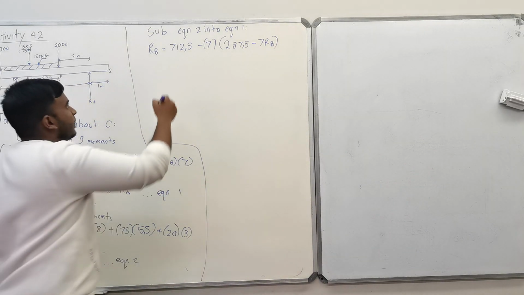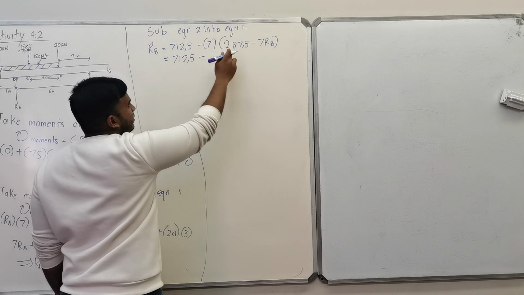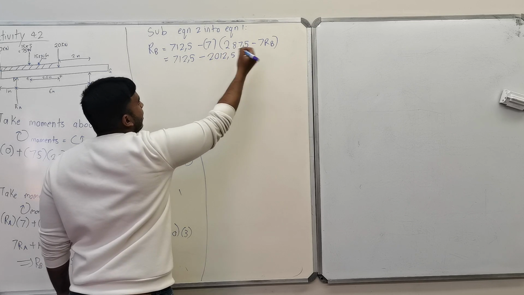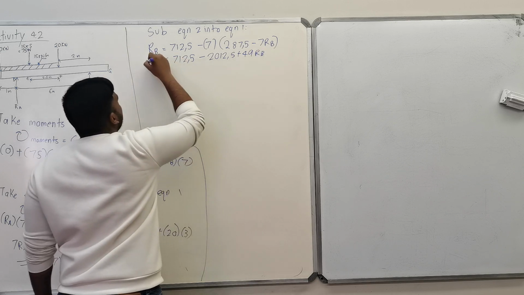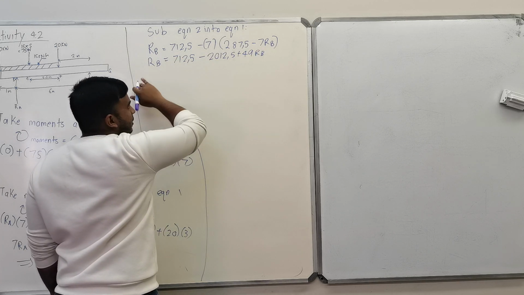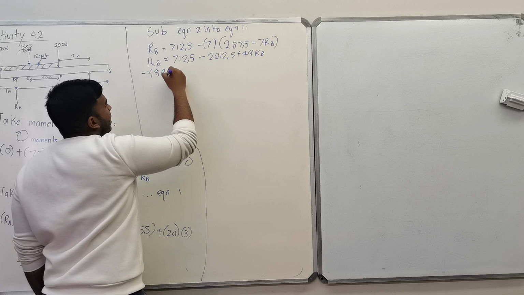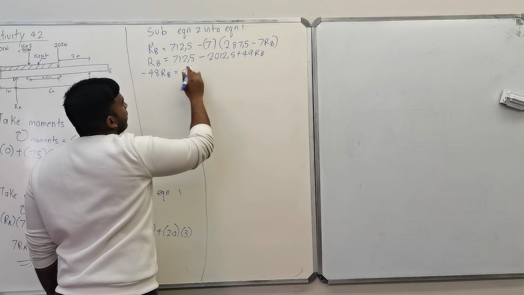Everybody know that, right? This will be equal to 712.5 minus 7 times that, 2012.5, plus 49 RB. Right? So you'll take this across, it will become minus 48 RB equal to, and what's this number? 1,300.